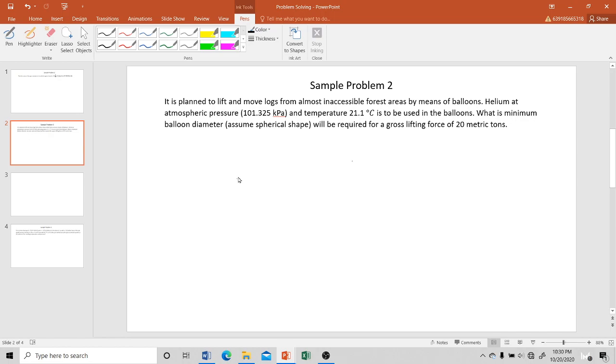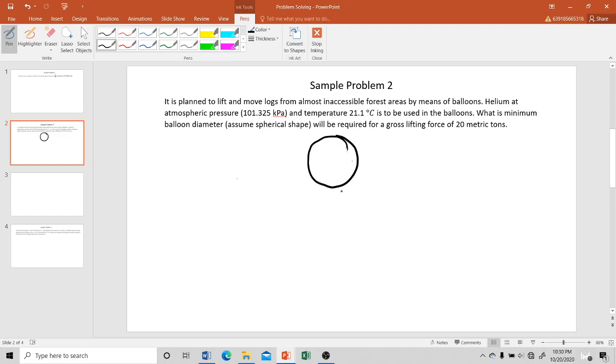Okay, so in this problem, to easily compute or solve it, let us illustrate what the problem means. We will draw a balloon of spherical shape.